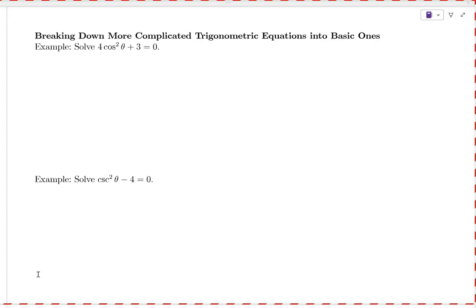Let's attack this like we've done previous problems. Let's just isolate the cosine squared, so we can subtract 3 to the other side. Actually, the negative 3 to the other side.